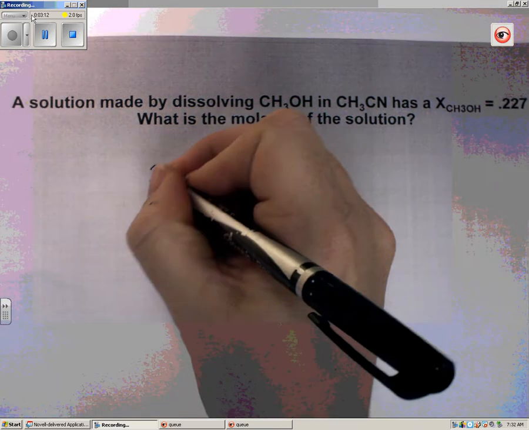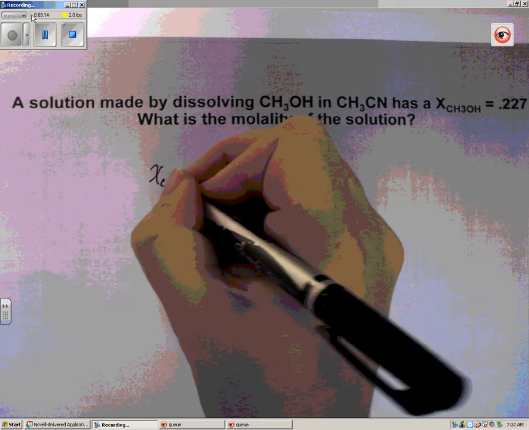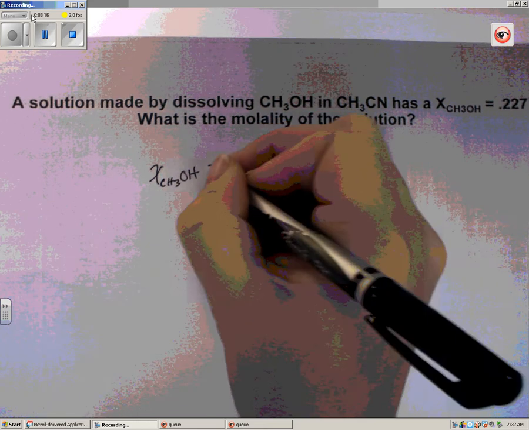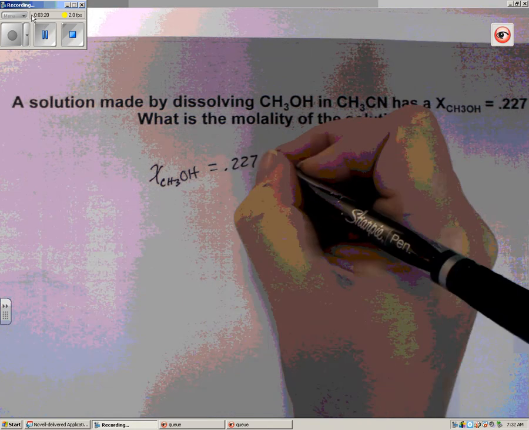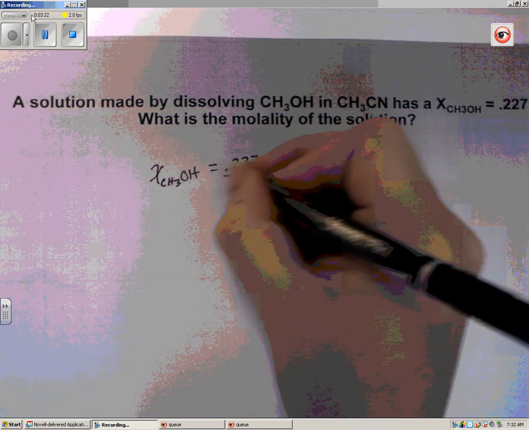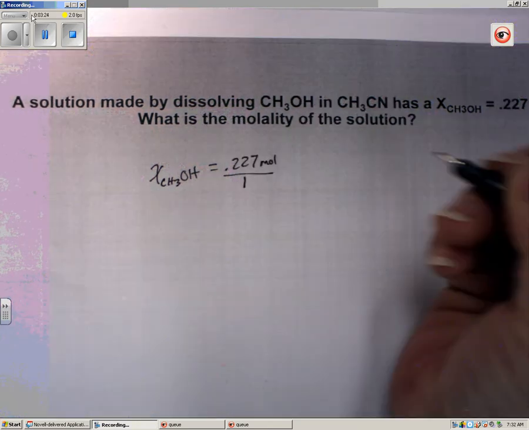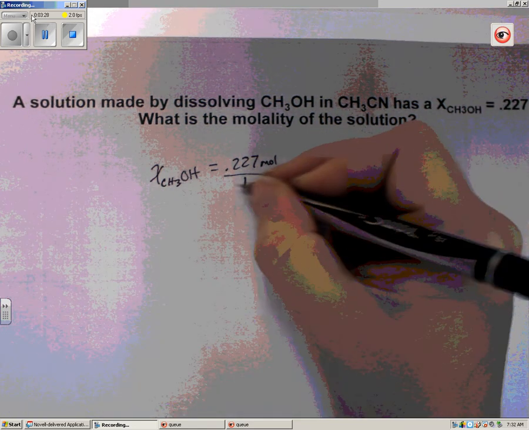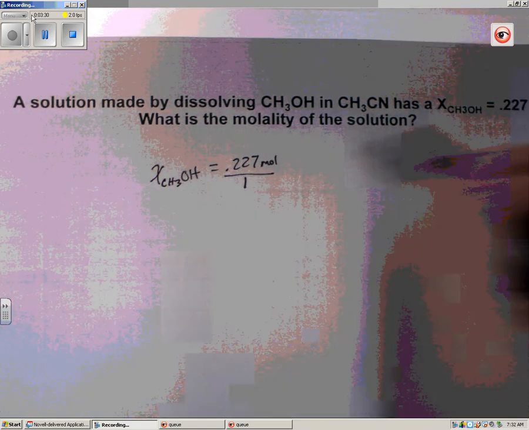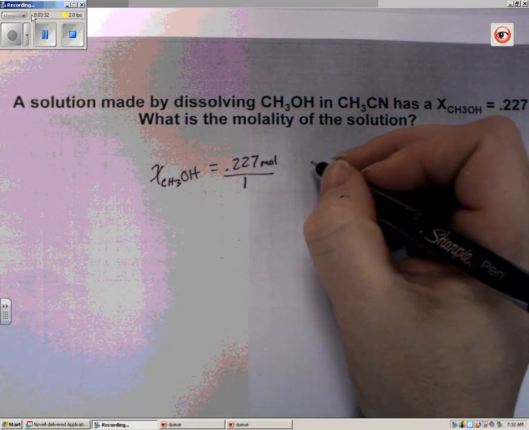If you have the mole fraction equal to 0.227, that's the same thing as saying that you have 0.227 moles and 1 total mole. And that's really the trick there, going from the mole fraction to this sort of setup here.